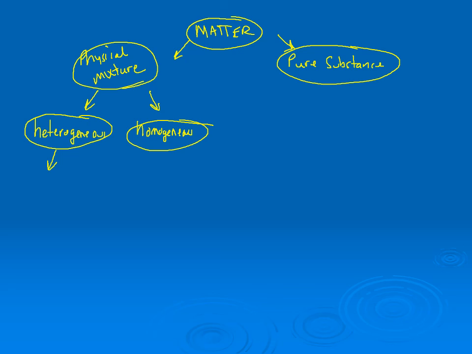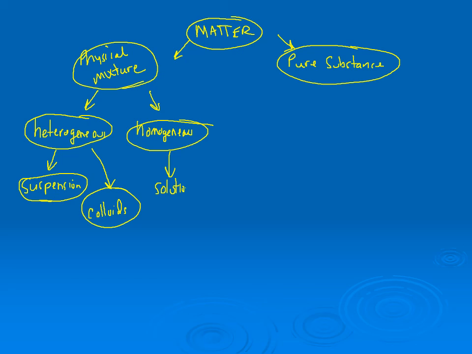Heterogeneous can be subclassified into suspensions. Remember, you can temporarily mix them, but they'll settle out on standing, or colloids. Homogeneous can be subcategorized into solutions.